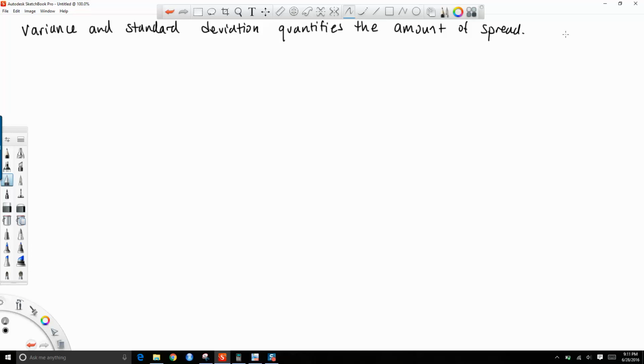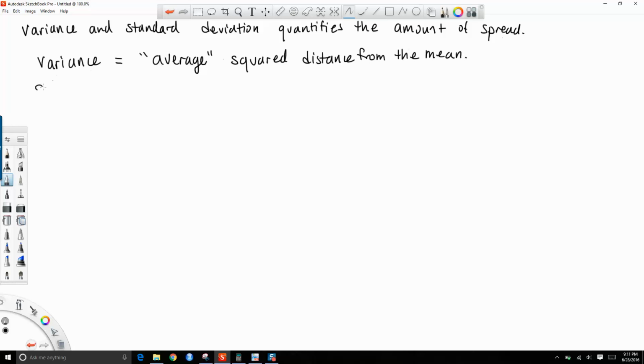Okay, and so I'm going to define the variance as equal to the quote-unquote average, and I have average in quotes here, average squared distance from the mean. Okay, and the standard deviation is just the square root of the variance.